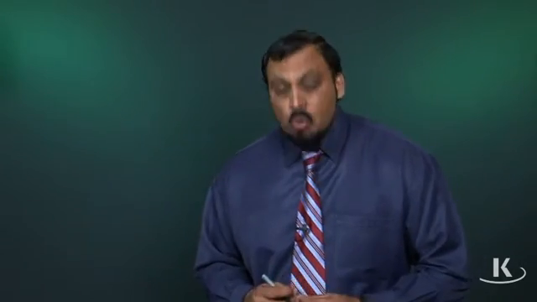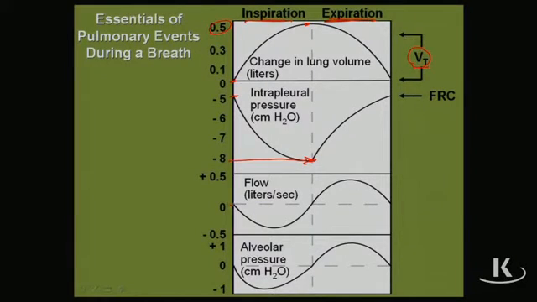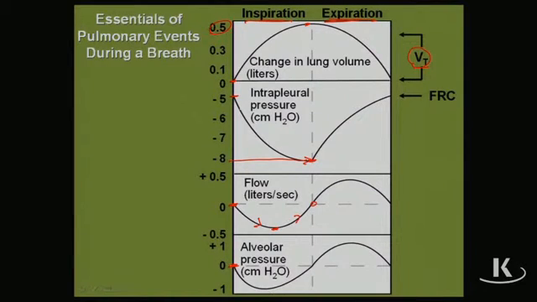As this occurs, what will happen to flow into the alveolus? As you notice, at the beginning of inspiration, flow is 0. But during inspiration, flow will go from 0 to about 0.5 and eventually back to 0. We can understand this especially if we match it with the changes in the alveolar pressure. We said that the alveolar pressure during inspiration at the beginning is 0.